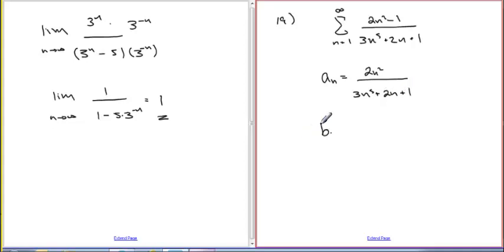And then we have to figure out a b sub n. The requirements are just that a sub n is greater than 0 and b sub n is greater than 0. Obviously, a sub n is going to be greater than 0 because you have positive numbers, n is positive, so you don't have any subtractions. So that's true. And the question is, what can I do there so that I can evaluate that limit?